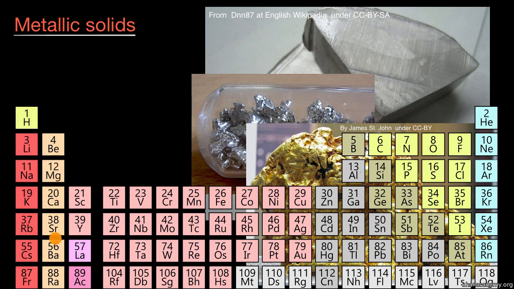These alkaline earth metals, they have 2 valence electrons. They too can be ionized, or if you have a pure sample, like in a calcium, they can contribute 2 valence electrons to a sea of electrons. And the transition metals here have a similar ability to contribute valence electrons. And so, in general, we can view metallic solids as having cations, these positively charged cations, in a sea of electrons.